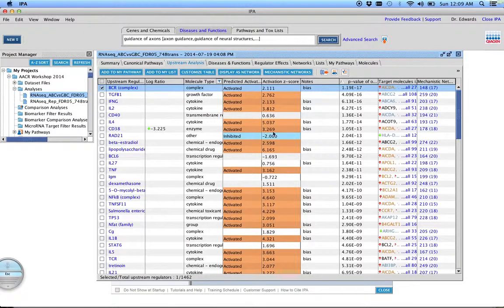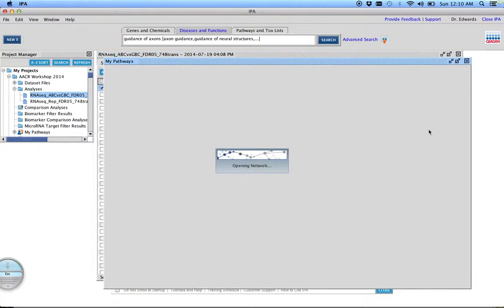But when we actually look at its target molecules, it has more than the expected number, and it's predicted to be more activated. Now, in cancer, if everything was working correctly, the cell wouldn't grow. There would be checkpoints. So these are the things you look for in these types of diagrams. Here's the mechanistic network for it.